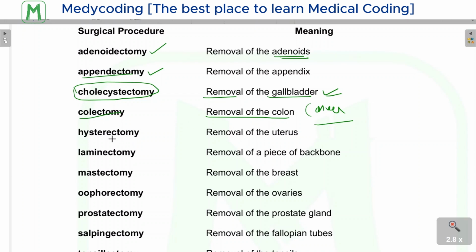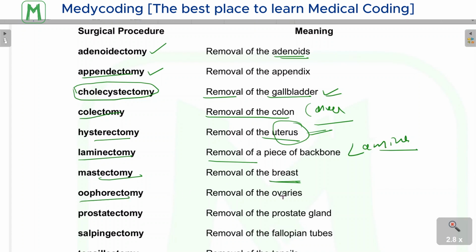Similarly, hysterectomy, removal of the uterus. The hyster means uterus. Laminectomy, removal of the lamina, that is, part of the spine. Mastectomy, removal of the breast.